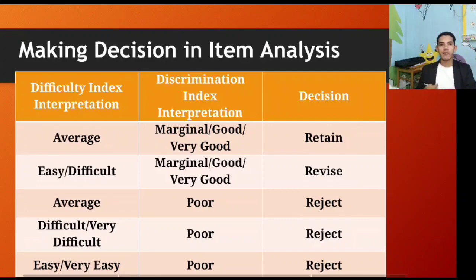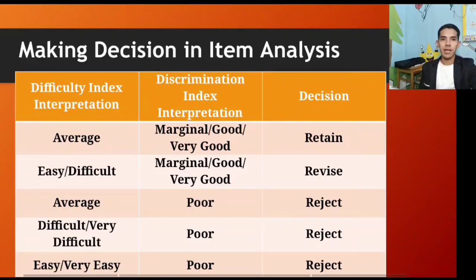But if it is easy or difficult and it has a discrimination index of marginal, good, or very good, then you have to revise the test item. But if you have average and poor, then you have to reject. Difficult, very difficult, easy, very easy, with poor discriminating power, you have to reject the item. As long as may partner na poor, i-reject na agad.